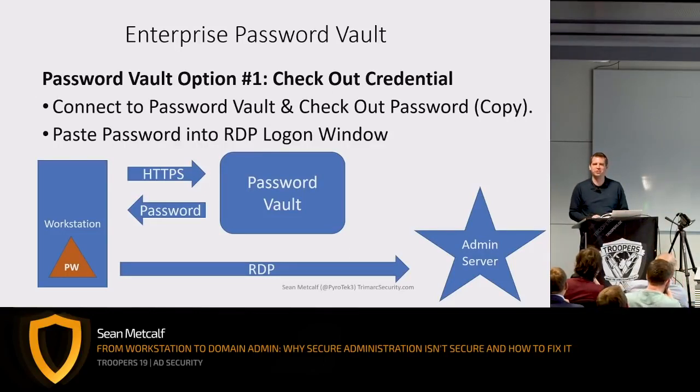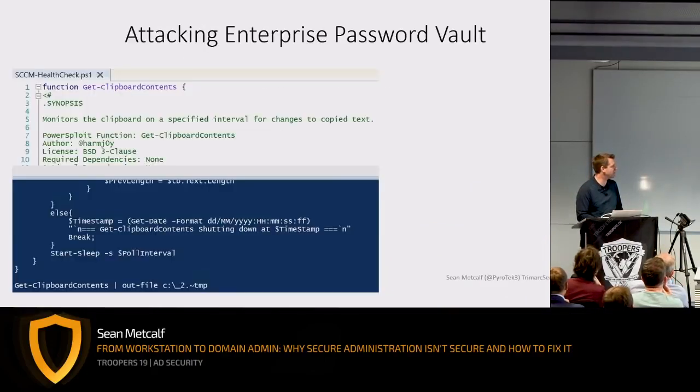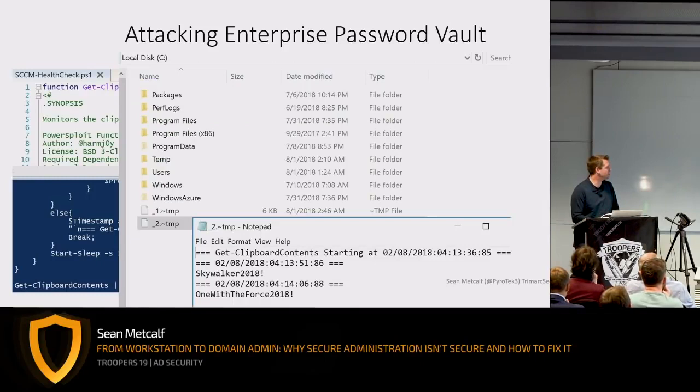Of course, there's an issue here because we're using a regular user account on a regular workstation in order to gather this information. There's another PowerSploit function called Get-ClipboardContents, which is a way to pull data out of the Windows clipboard, which is what happens when you copy data using Control-C or copy.